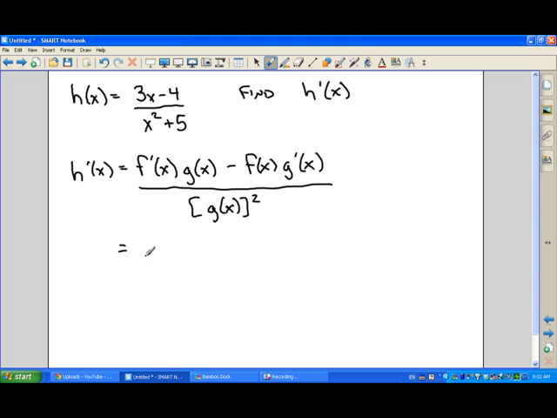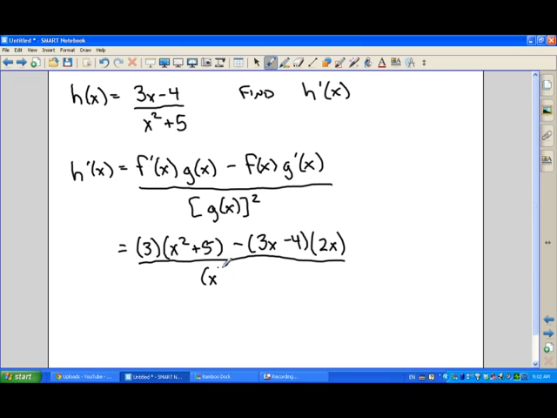So the derivative of the numerator is just 3 times the denominator, x squared plus 5. I'm going to subtract 3x minus 4 times the derivative of the bottom term, which is just 2x. And that's going to be all over x squared plus 5 squared.